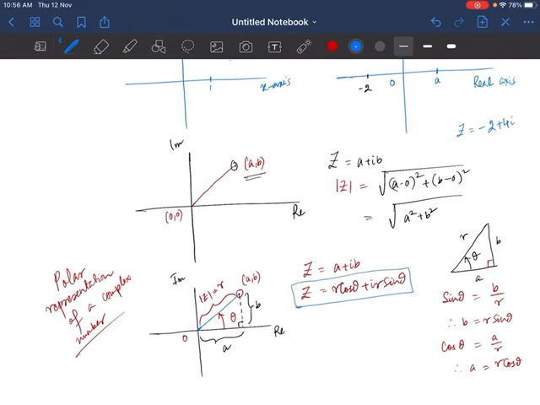This is how we represent any complex number in a plus ib form in polar form, where a is equal to r cos theta and b is equal to r sin theta.